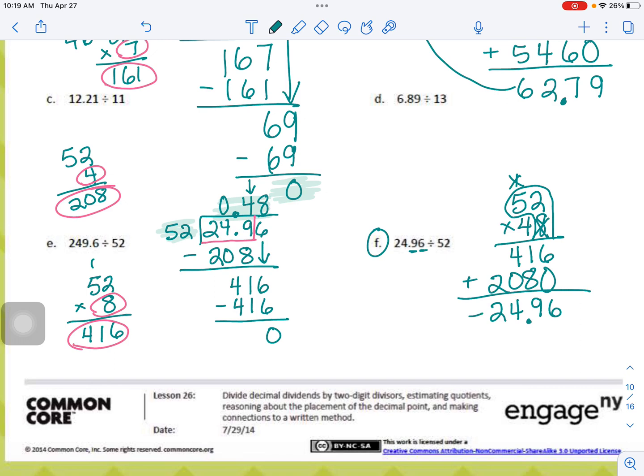Okay, place my decimal. And that's the dividend I started with. So the answer to this one is 48 hundredths.